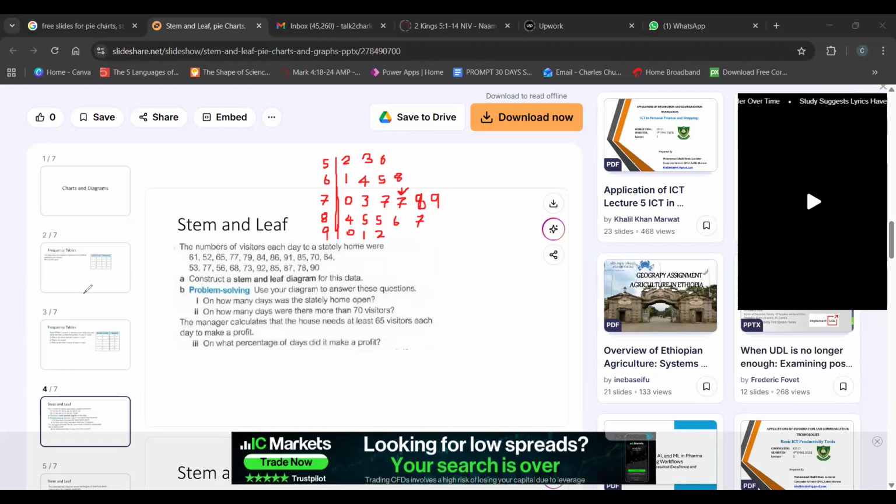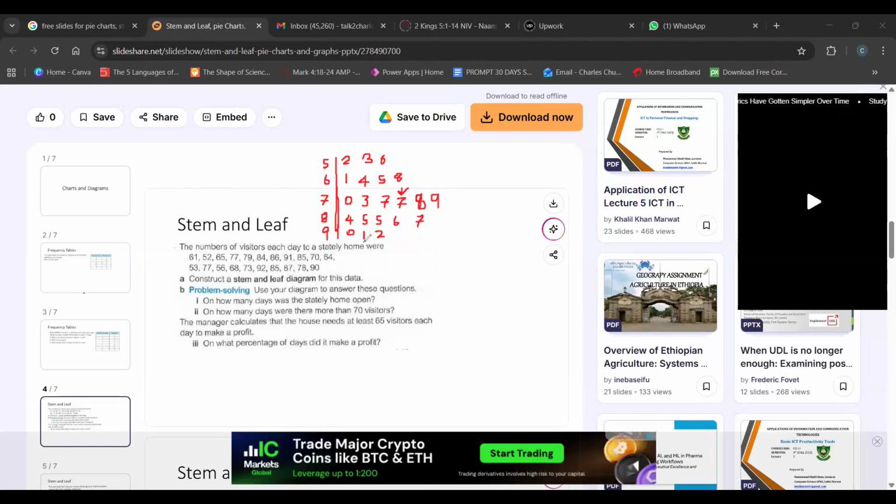On how many days were there more than 70 visitors? That one would be 1, 2, 3, 4, 5, 6, 7, 8, 9, 10, 11, 12, 13. It'll be 14. Yes, that would be 14. Since it says greater than 70, would that be 14 or 13?